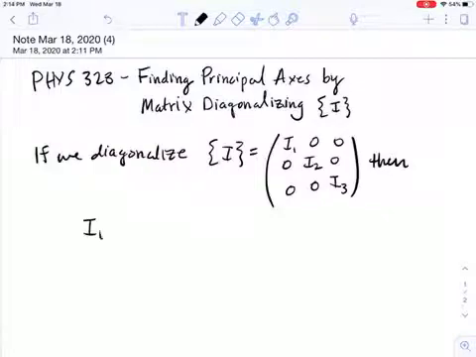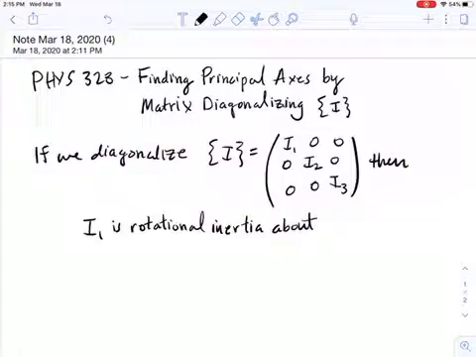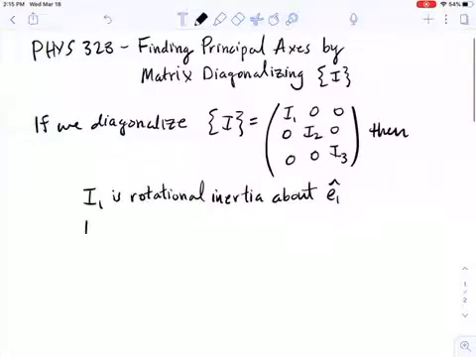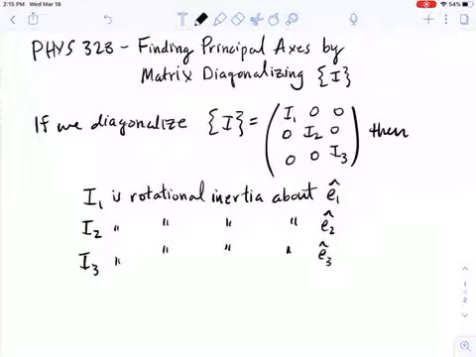So I1 is the rotational inertia about the first principal axis, which we said was going to be in the direction E1 hat. I2 is the rotational inertia about the second principal axis, and I3 is the rotational inertia about the third principal axis.